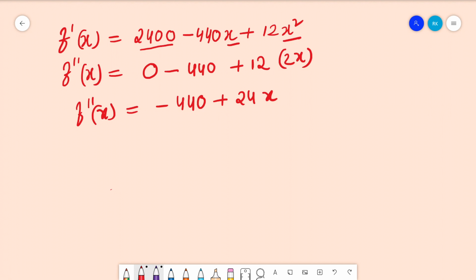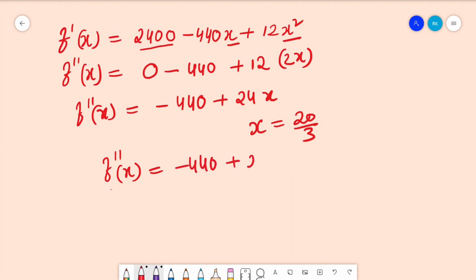We already got the value of x, which is 20 by 3. Let's substitute. So minus 440 plus 24 into x value 20 by 3.